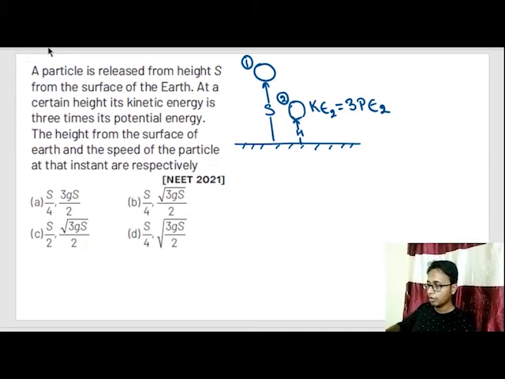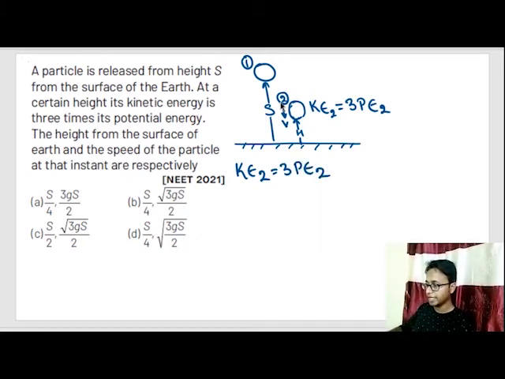So when the ball is dropped from this position, at this position it will gain some velocity while falling. The velocity is assumed to be v. We know that kinetic energy at this point is equal to thrice the potential energy at point 2.